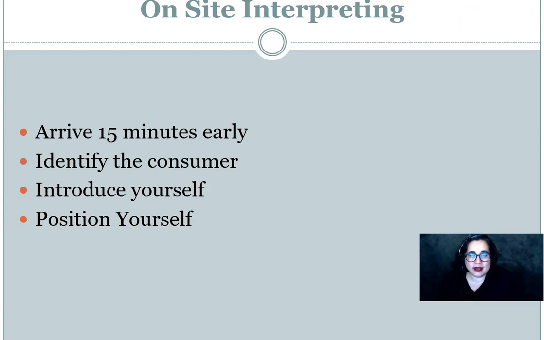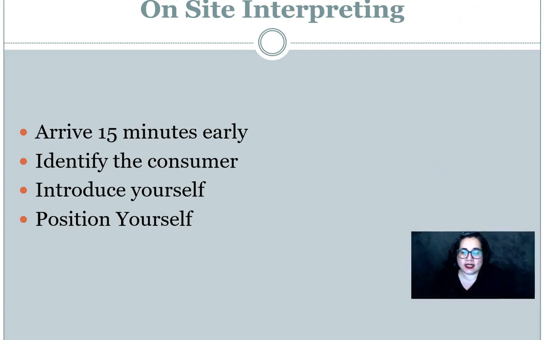So with on-site interpreting, this is what is typically expected of you. If a job starts at 10, you have to be there at 9:45. You're expected to arrive 15 minutes early, because arriving exactly on time is arriving late.